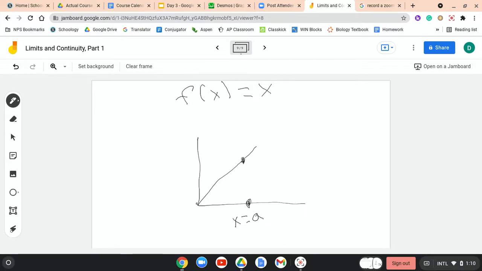For example, if I look at this point at x equals a, then because f of x equals x, the height is also going to be a. And we know that the value that it actually is at that point, and for any point, is also the value that the graph approaches.